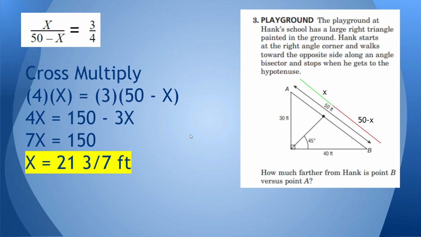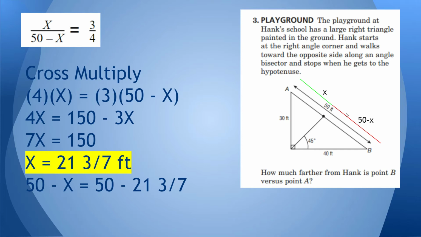So we've found x, but what about this distance over here, 50 minus x? Well, we could reset up everything again, set this for a new variable of y or something else, and put it all in all over again, trying to figure it out and cross multiplying. Or, because we have the total of 50, we could just subtract x from 50.